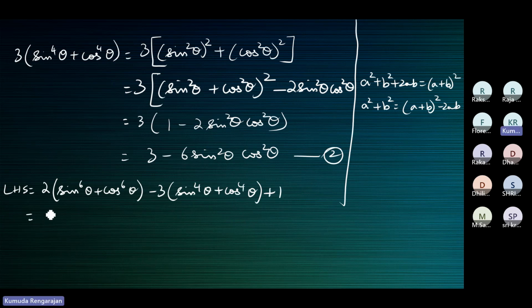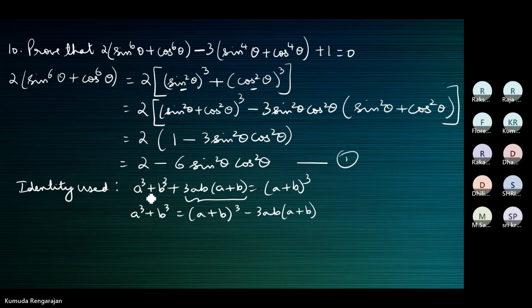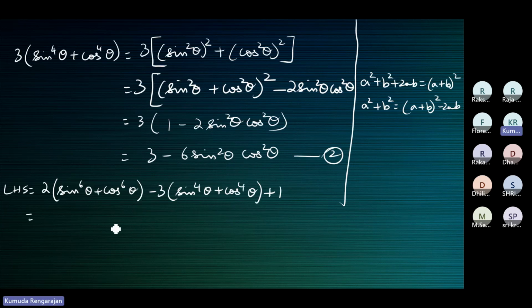This is the LHS. We simplified the first part. Okay, so what's the answer for the first part we got? Here, 2 minus 6 sine square theta, cos square theta. So we'll write that here. This is the answer for the first one.